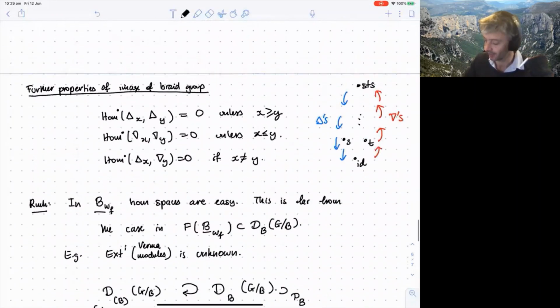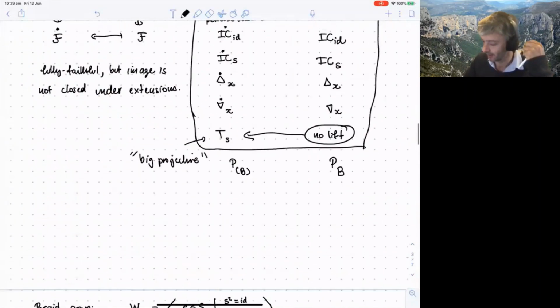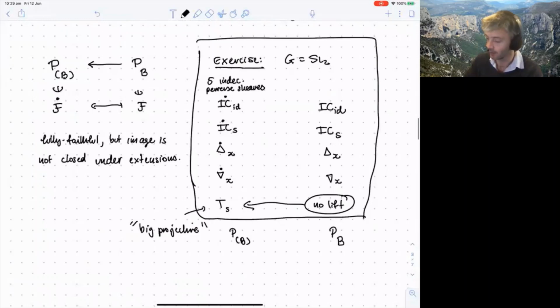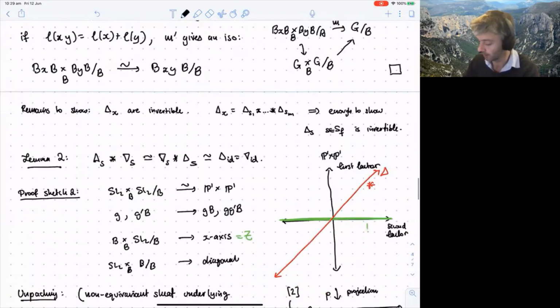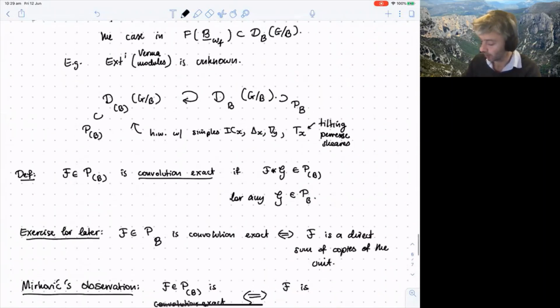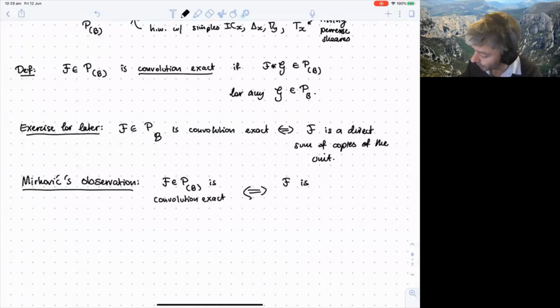So here, this is convolution exact. And then the exercise for later is to rule out that none of these are convolution exact. And there's only one possibility left, which is this big projective. And it turns out that this is convolution exact, or the tilting. So Mirković's observation is that F is convolution exact if and only if F is tilting.